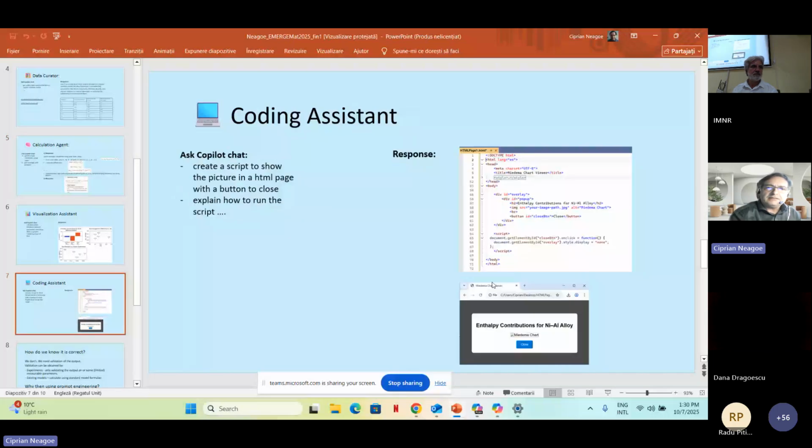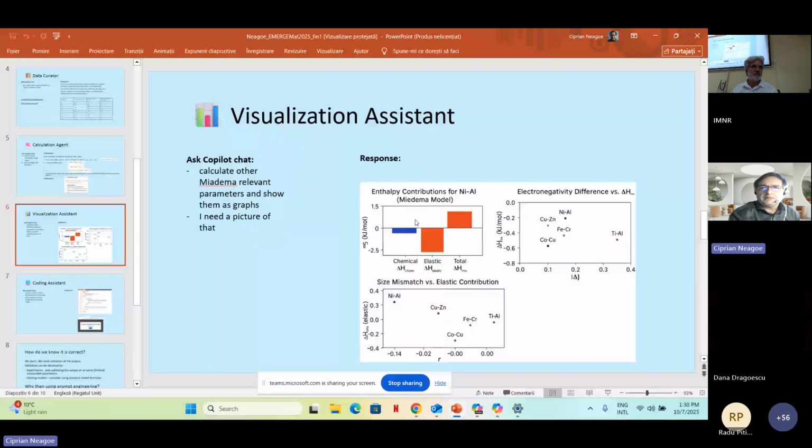Then I asked Copilot to do some visualizations of the data. And after some thinking, it could plot some graphs in a relevant manner. So you can do this also.